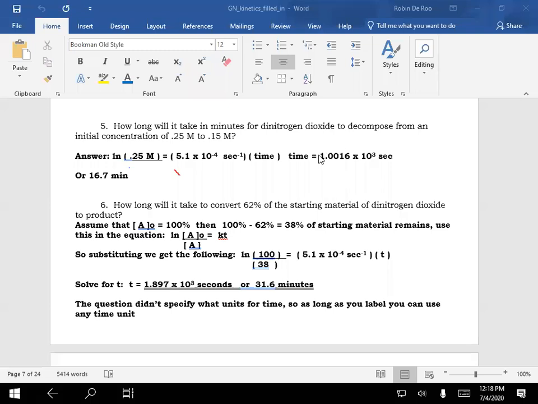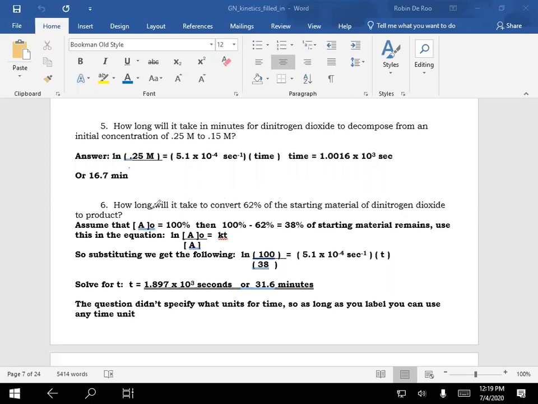Okay, so there's another way that a question can be asked, and that is asking for a length of time to convert a percentage. So in this particular problem, notice you're not given any molarities. You, of course, don't have the time because it's asking for the time.